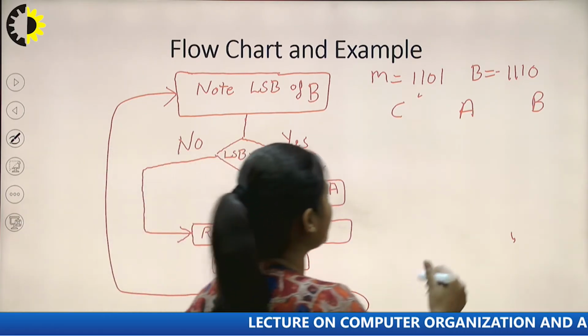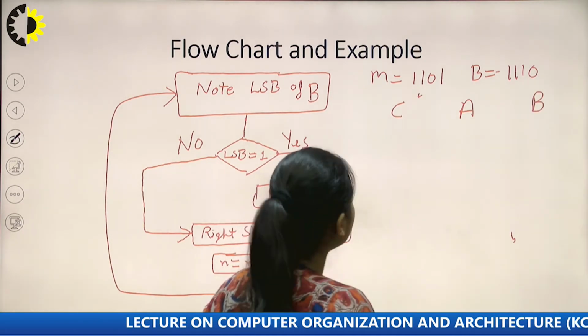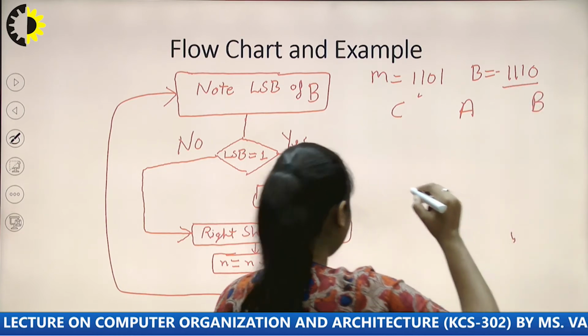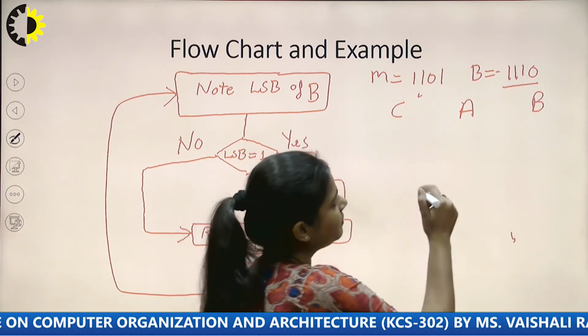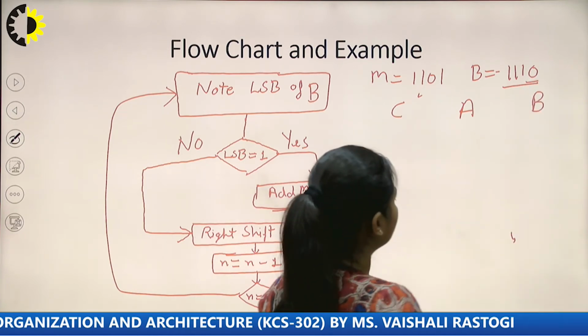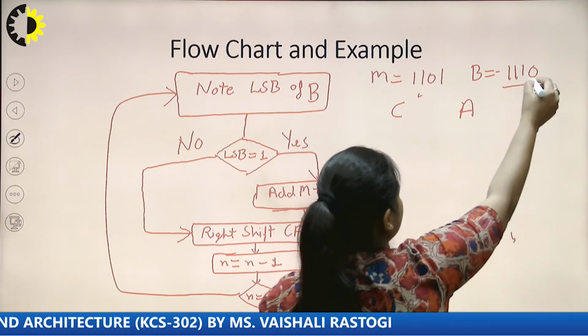First of all, we can see that here we are having some value of B. What is the value of B? 110. So in 110 we are having the LSB as 0. So first of all we are reading the LSB of B. LSB of B is 0.